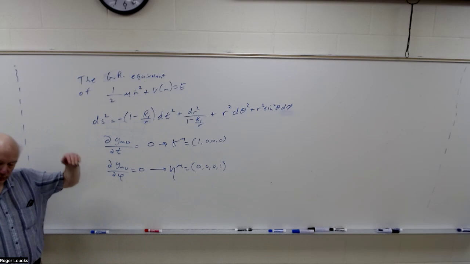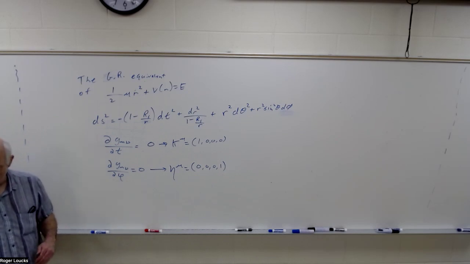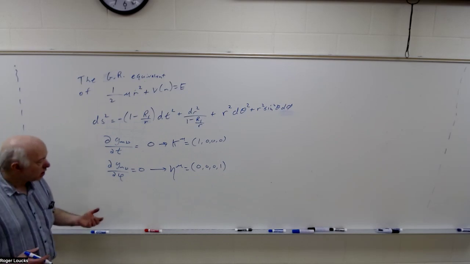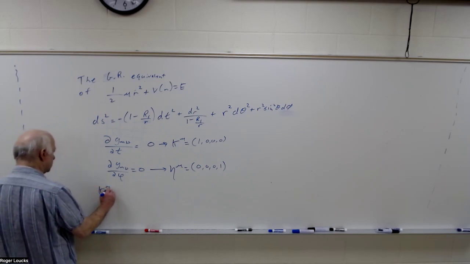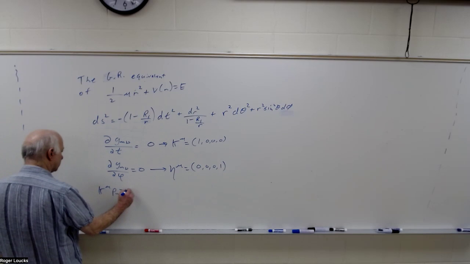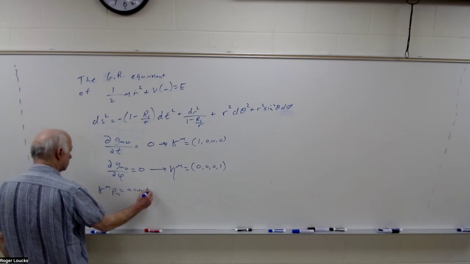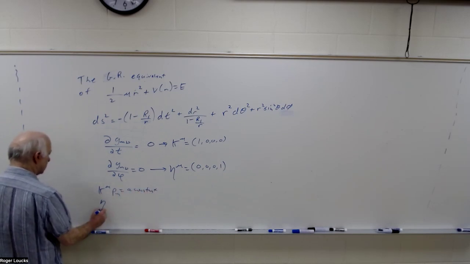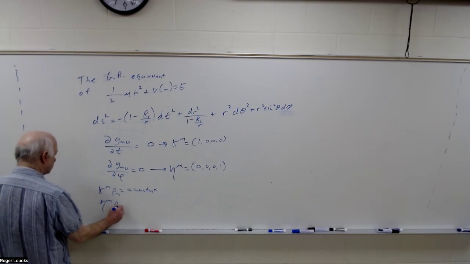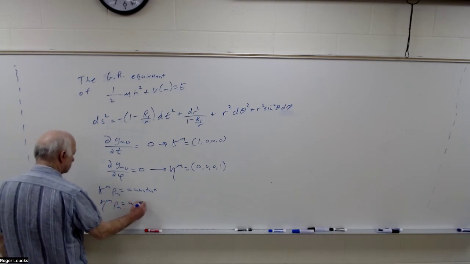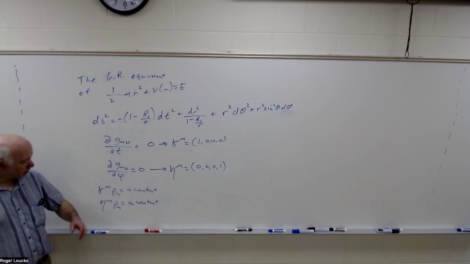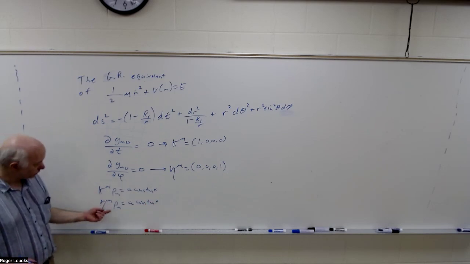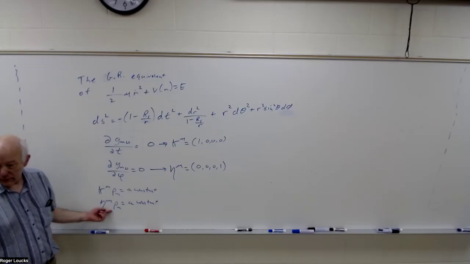What we did when we went through that derivation, I'm just going to state the result: we showed that K mu P mu, and eta mu P mu, are constants. We showed before that this one is connected with energy, and this one is connected with angular momentum along the z-axis.